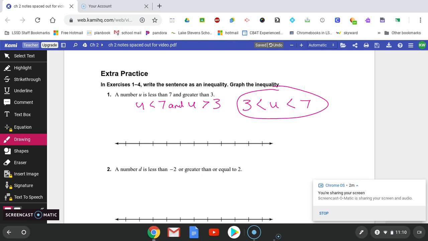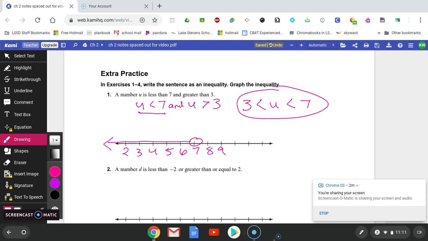We want a graph that shows where it works for both inequalities at the same time. So let's graph them each individually. First, u is less than 7. Let's see, 2, 3, 4, 5, 6, 7, 8, 9. u is less than 7 would be an open circle on 7, and our arrow goes to the left because we want everything less than 7. For u is greater than 3, we'd have an open circle on 3, and our arrow goes to the right because we want everything greater than it.